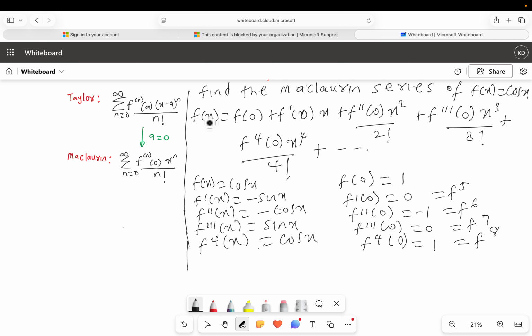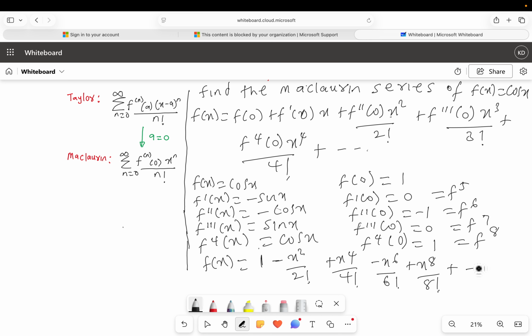Now substituting into f of x and considering the 0 values, I will end up with f of x equal to 1 minus x squared over 2 factorial, plus x to the 4 over 4 factorial, minus x to the 6 over 6 factorial, plus x to the 8 over 8 factorial.